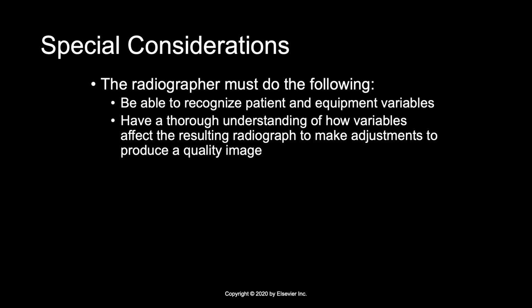For special considerations, we need to be able to recognize the patient and equipment variables. So not every patient is the same, and not every x-ray equipment is the same. So we need to be able to recognize that and adjust for that. We need to have a thorough understanding of how the variables affect the resulting radiograph to make adjustments to produce a quality image.